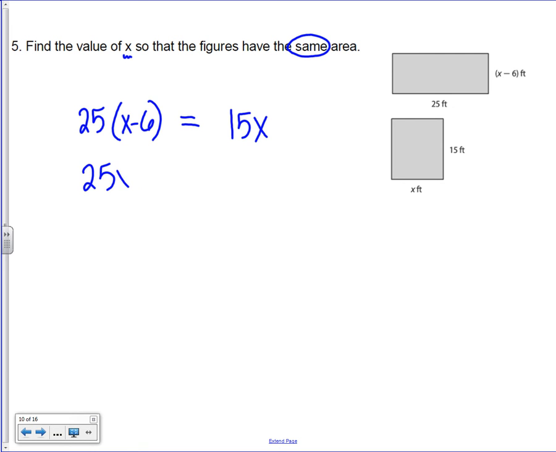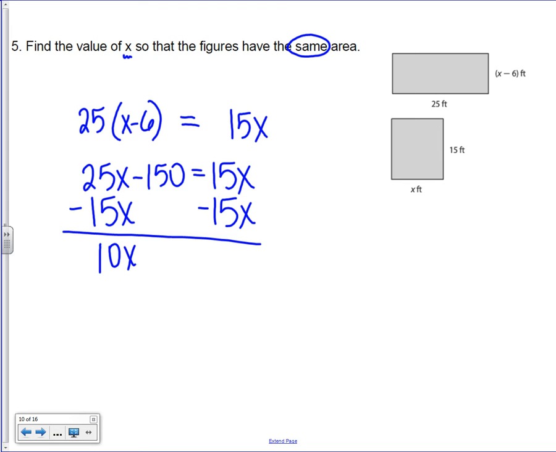Let's distribute. Let's get our X's together. And let's isolate the variable.